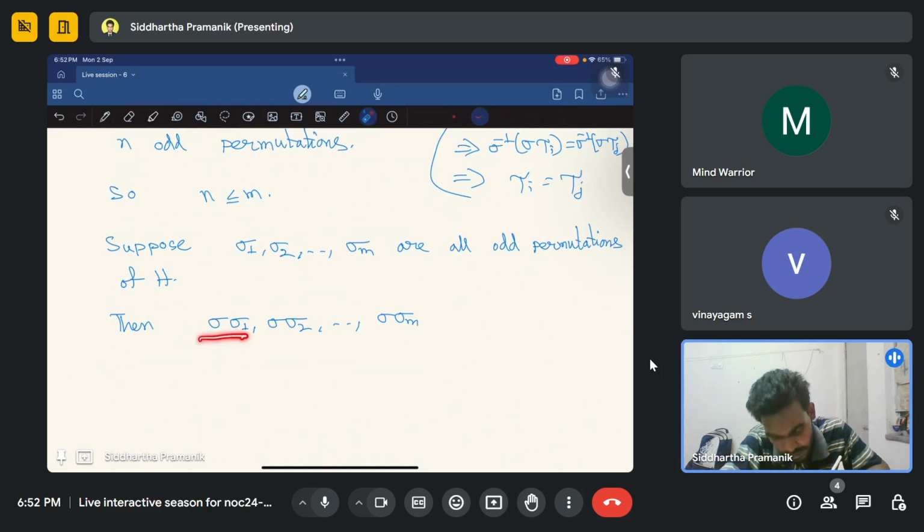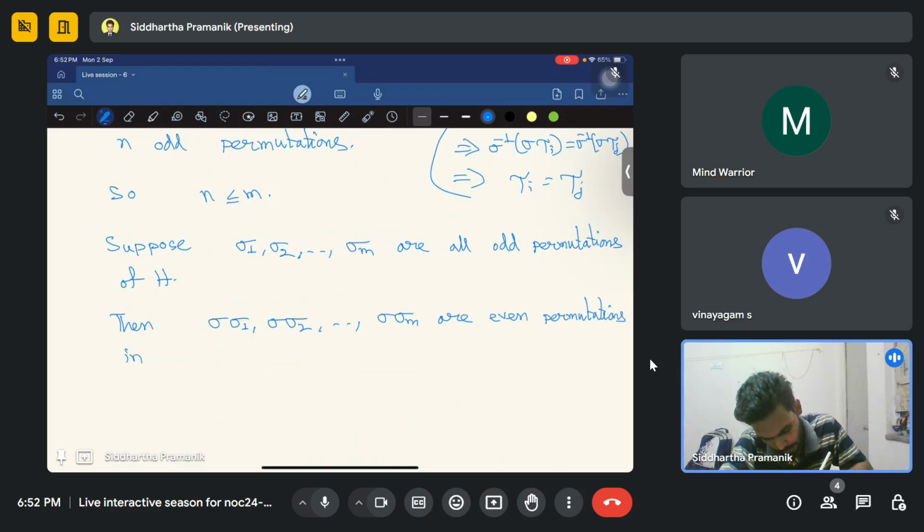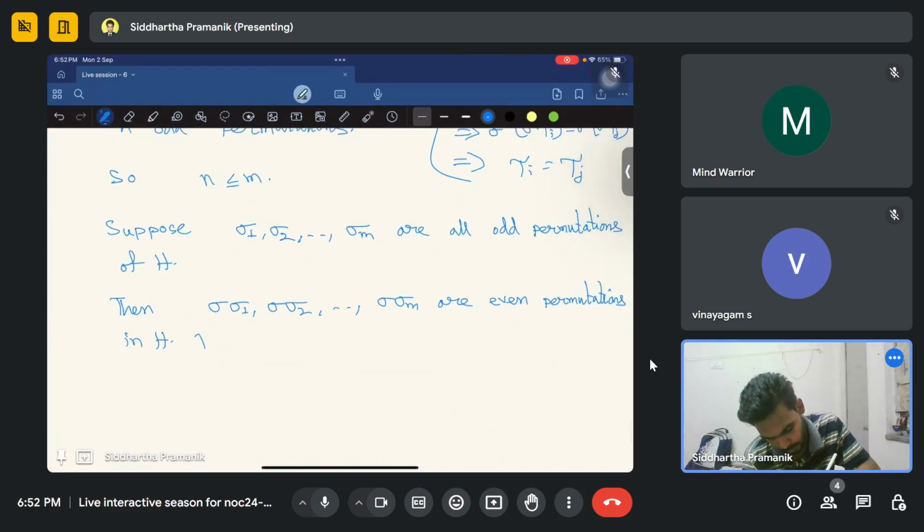Because both are odd, so their product is even. So these are even permutations in H, and also they are distinct by similar logic.